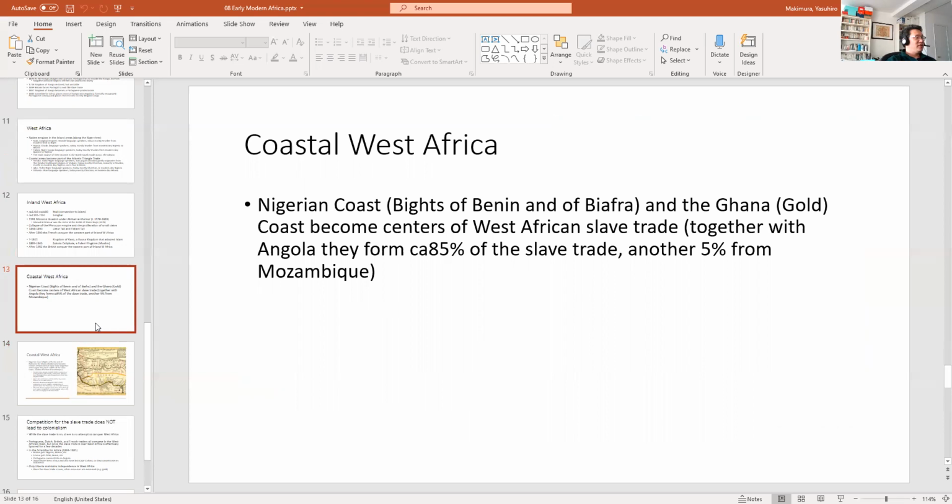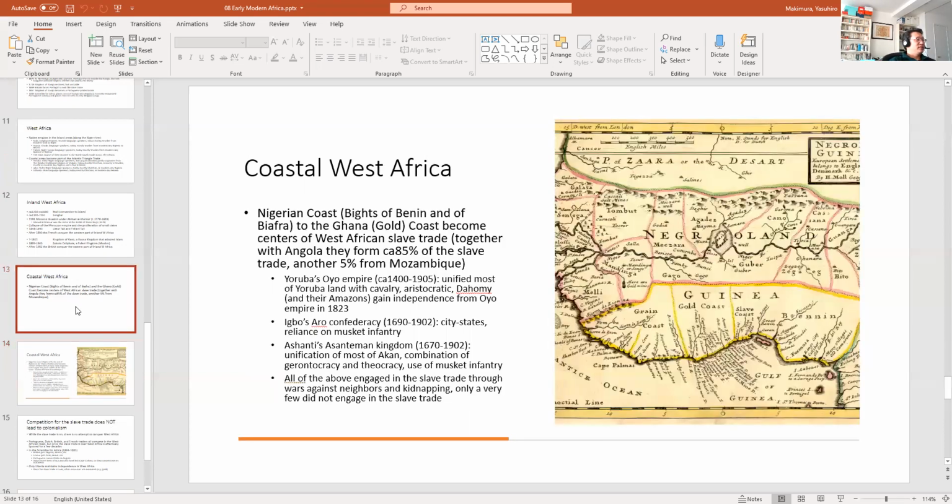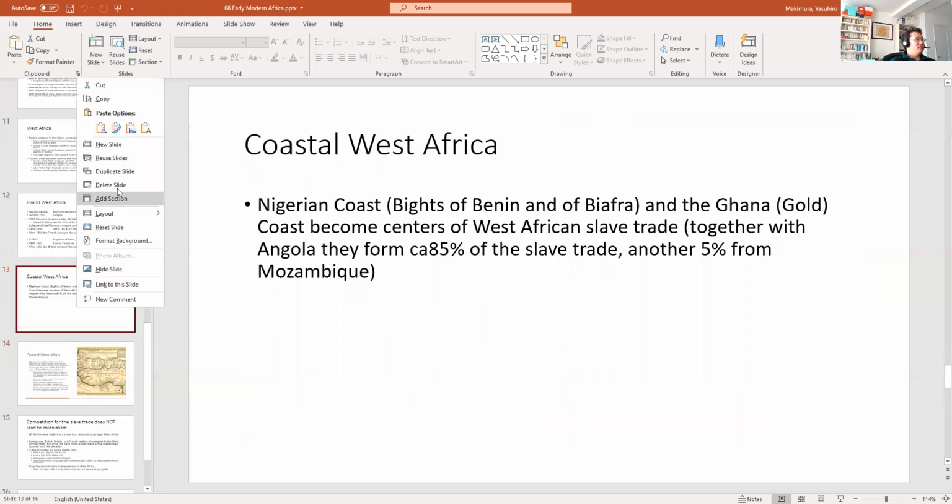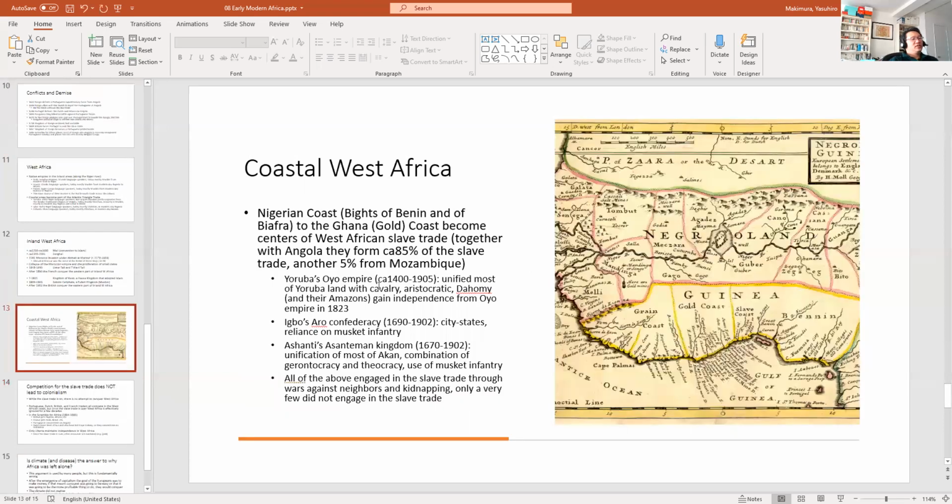So, coastal West Africa. Oh, this is an unnecessary slide. Let me delete that slide. So this is the image of coastal West Africa at the time. The name of the coast is basically what the European traders got from the local people, or what they thought that they would get. So notice here it says the Grain Coast, Gold Coast, Slave Coast, and it says Benin, right?